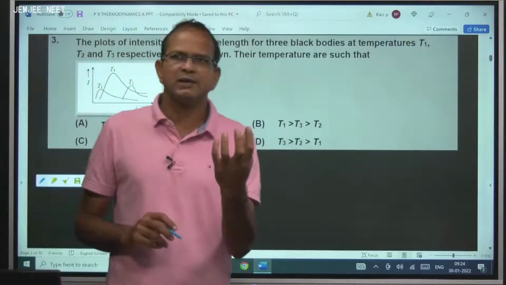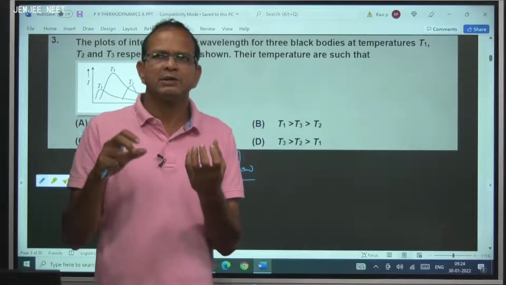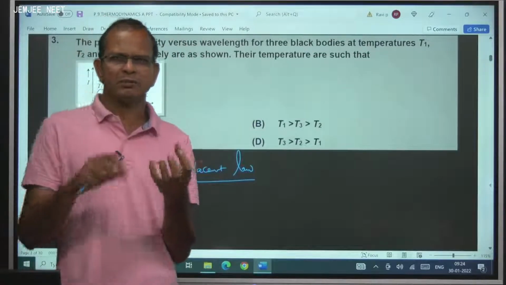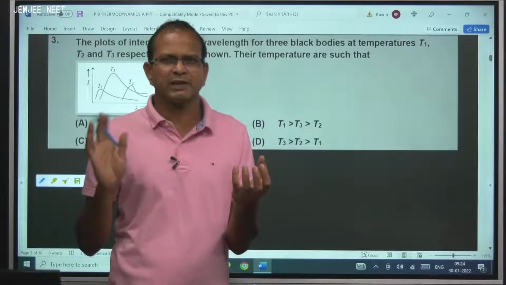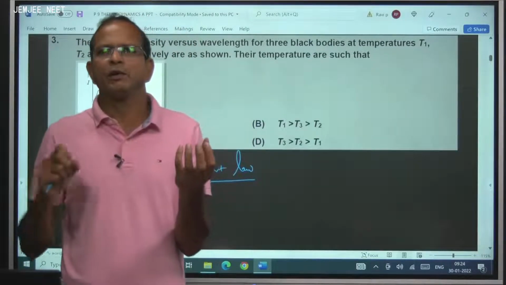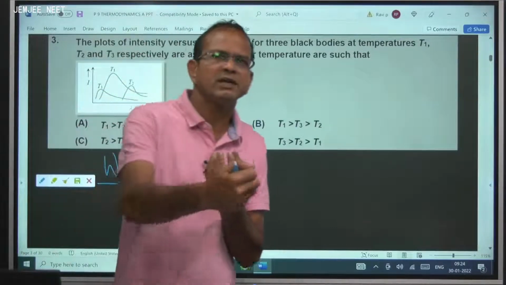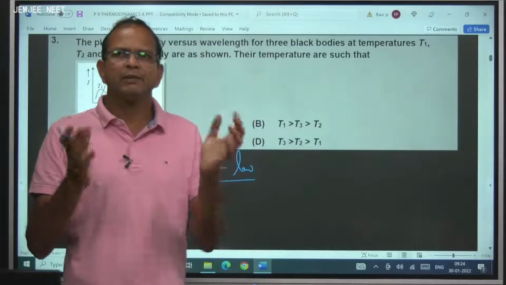Suppose a 500-degree hot body emits radiation. I use some radiation capture technique, some electronic technique, let us skip. By using that, I found how much of 500 Angstrom wavelength came, how much of 600 Angstrom came, how much of 700 Angstrom came. So I am measuring all the wavelengths.